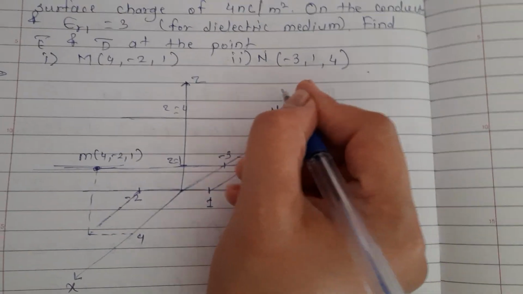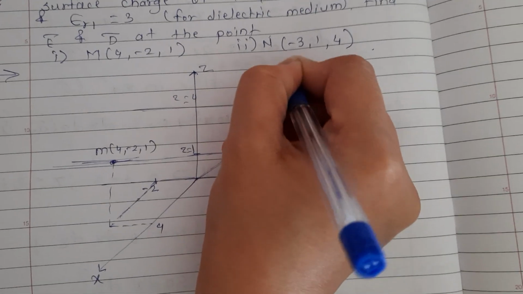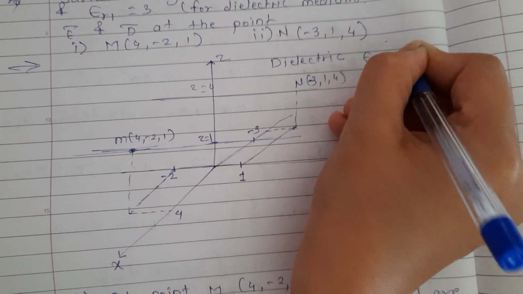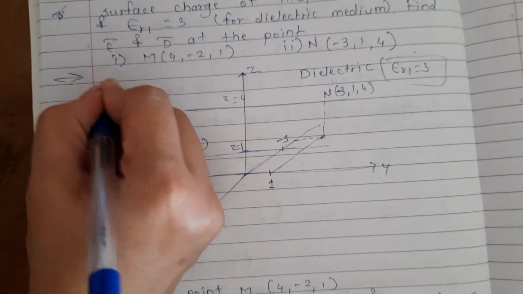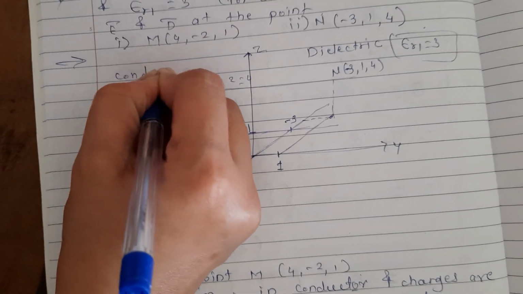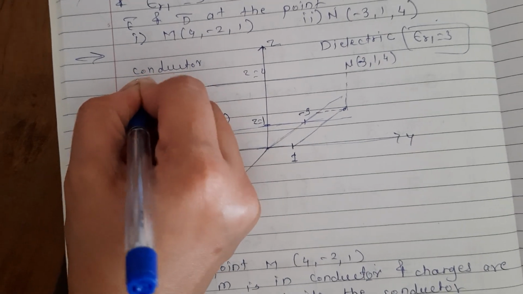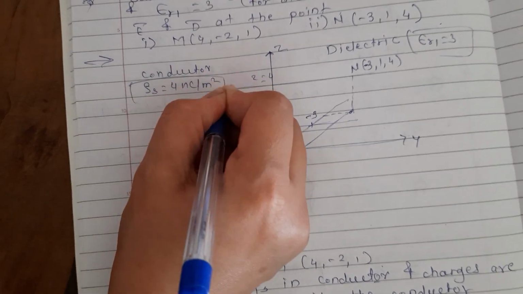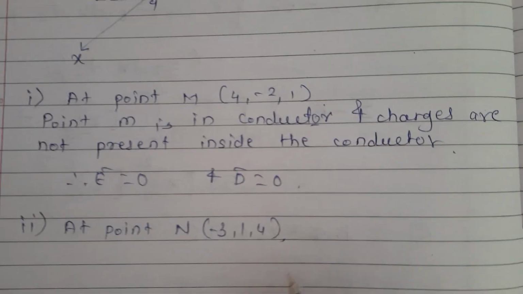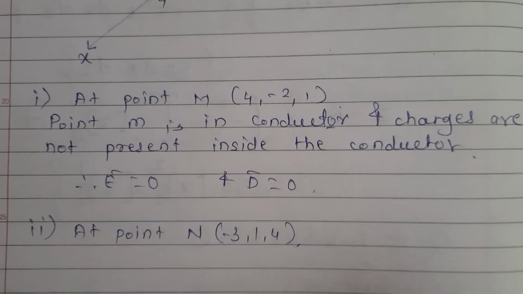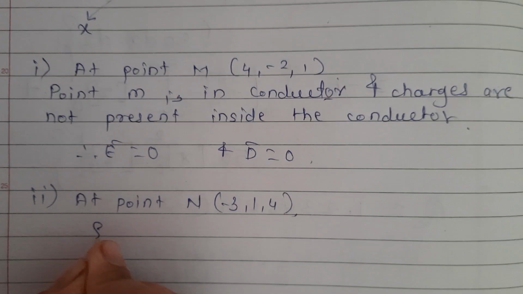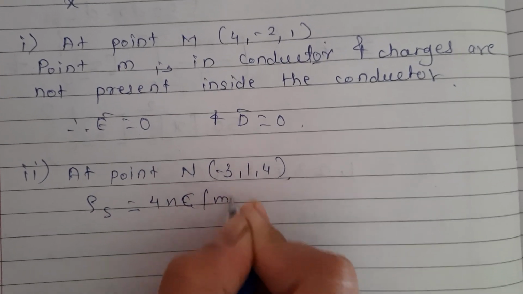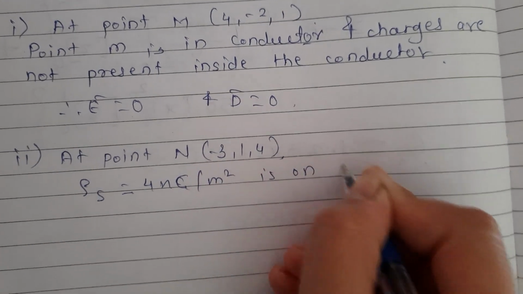Here it is dielectric, epsilon r1 is equal to 3, and it is conductor, S is equal to 4 nanocoulomb per meter square. So point N is in the dielectric, so S is equal to 4 nanocoulomb per meter square on the conductor.